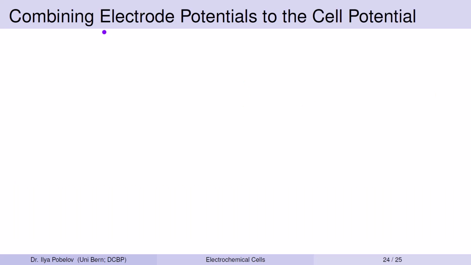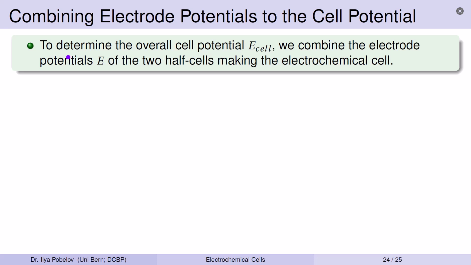How does the cell potential relate to the potential of individual half cells? To determine the overall cell potential, we combine the electrode potentials of the two half cells making the electrochemical cell.